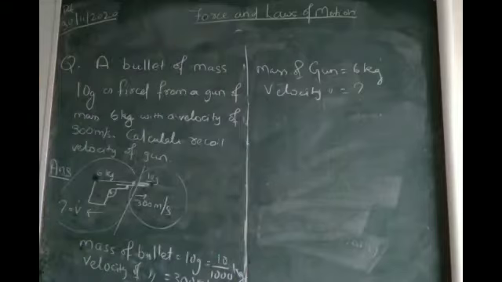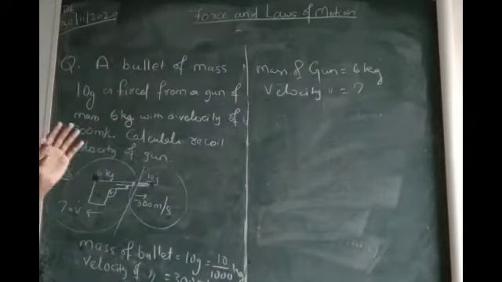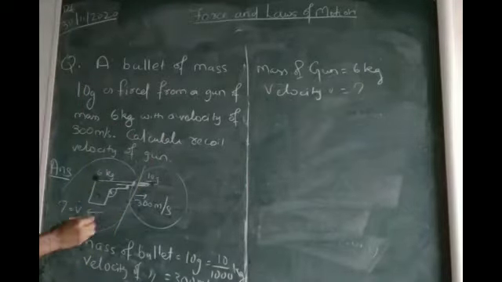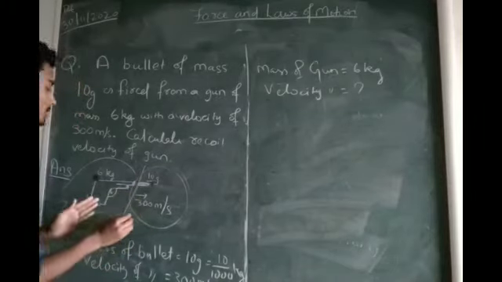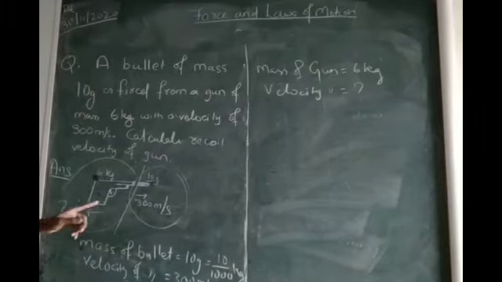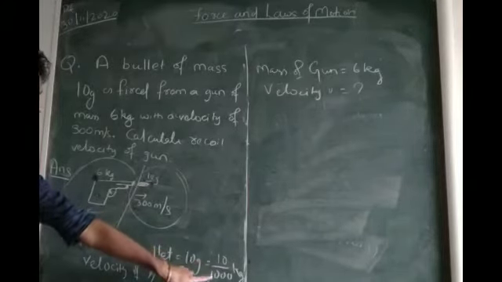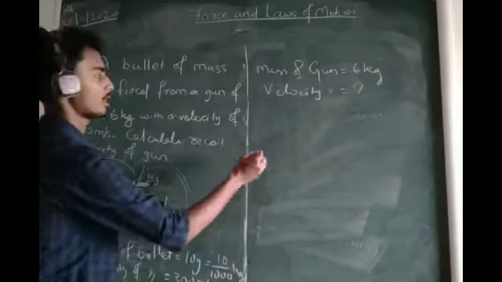As we know, in every question related to conservation of momentum, we have to equate the initial momentum and final momentum. Here also we do the same. The momentum of this bullet will be equal to the momentum of this gun. Momentum of the bullet is mass of the bullet into its velocity. Mass is 10 by 1000 kilogram and velocity is 300 meter per second.